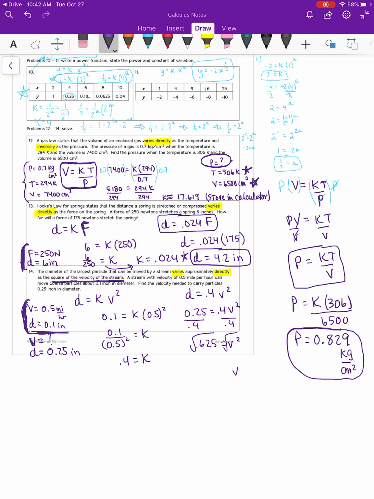And then you're going to square root both sides. And that's approximately 0.791. This would be miles per hour. So this is the velocity needed to move those particles 0.25 inch in diameter.